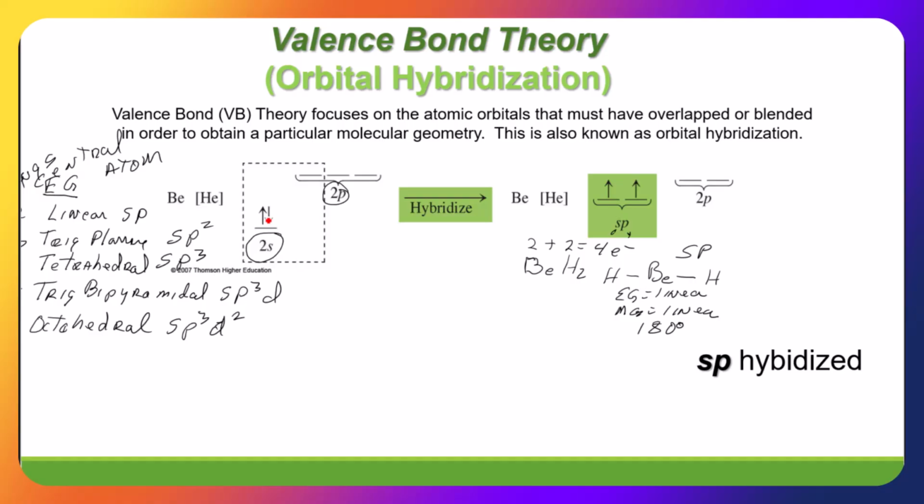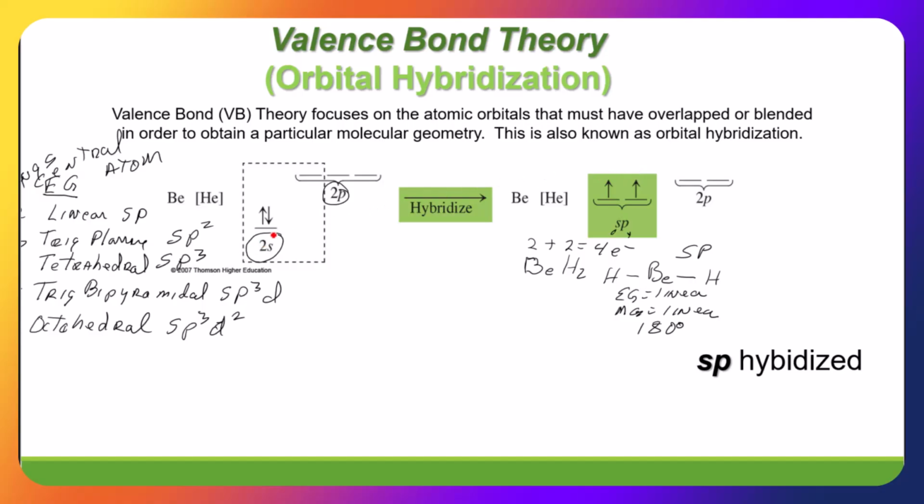We're going to promote one of these electrons in the 2s subshell to the 2p subshell, and then we're going to equalize their energies. Why in the world would we do this? Well, we're going to do this in order to make bonds. And if you remember from chapter 10, making bonds lowers the energy.